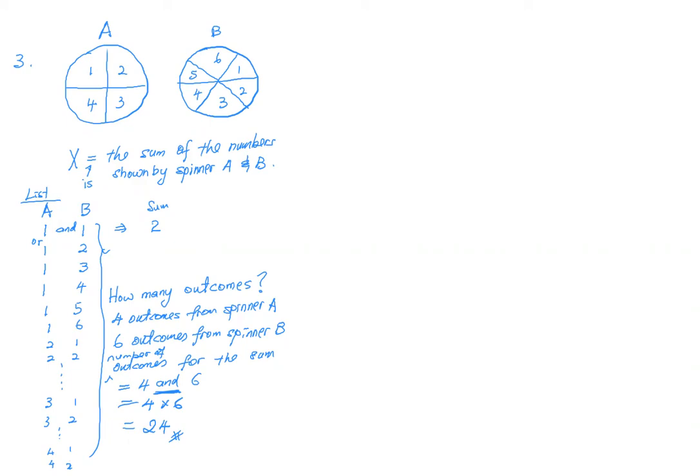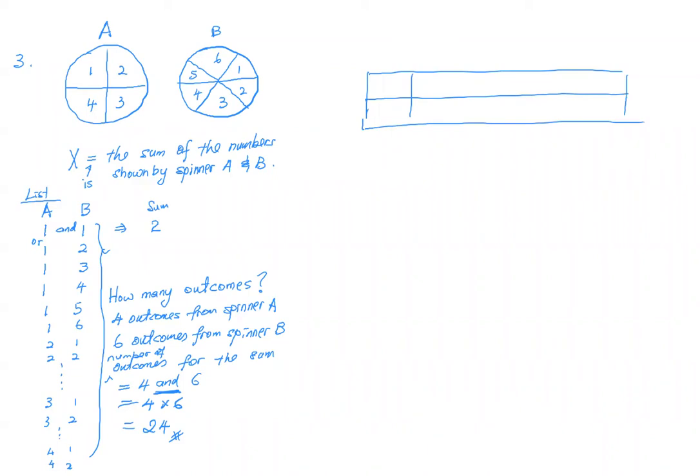If you want to build the probability distribution table for the sum, that is our X here. The first one, we know the lowest is 2. But how many times does 2 appear out of the 24? If you want to count from here, it's very troublesome, correct?